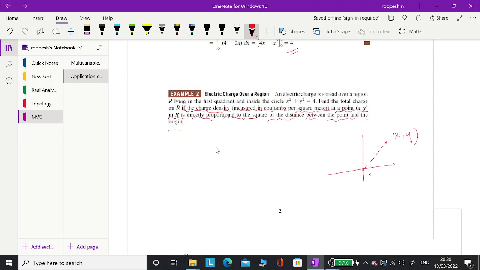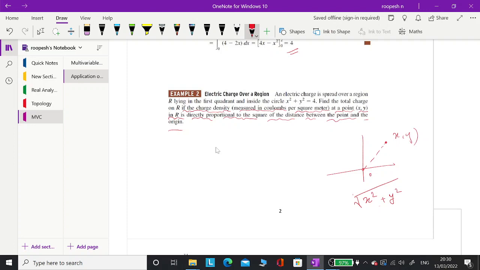The region is given, so you can use the Euclidean formula: 0 minus x squared, that is x squared, plus 0 minus y squared, y squared. So this distance is the square root of x squared plus y squared. Now it is given that the density, measured in coulombs per square meter at a point (x, y), is directly proportional to the square of the distance.